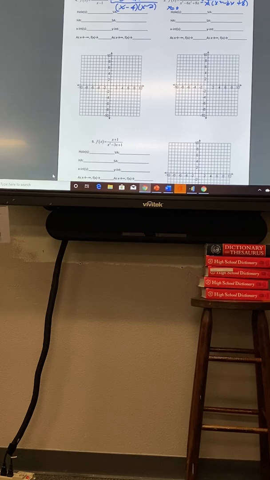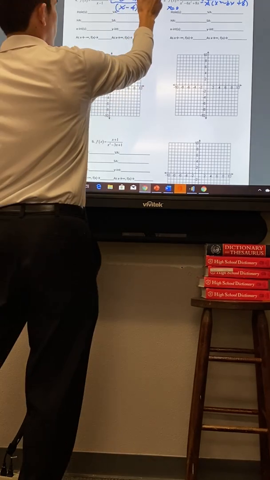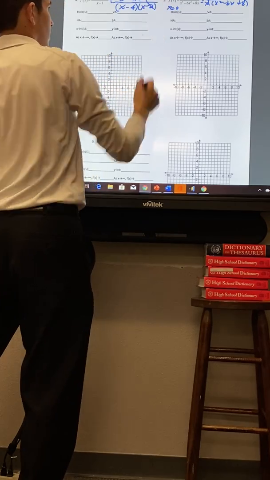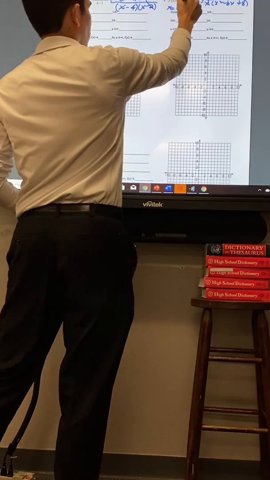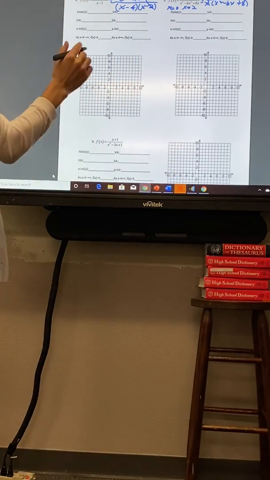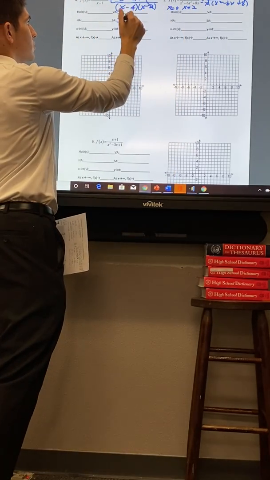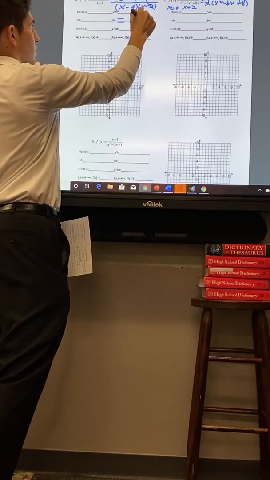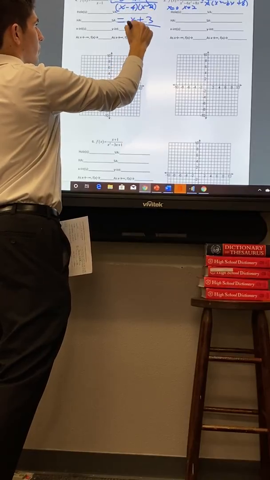Okay, so I have that completed. I notice that I have another hole at x minus 2, so I also have a hole at x equals 2. So my final simplified equation here is x plus 3 over x minus 4.